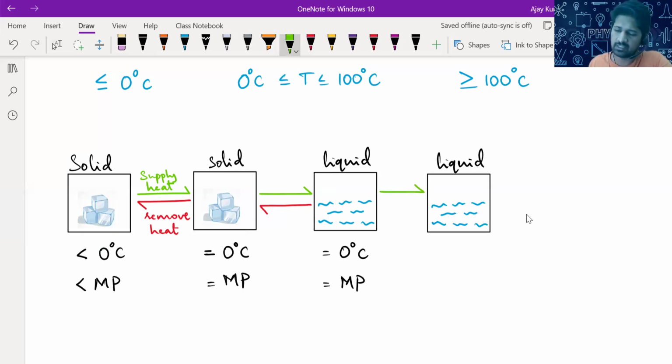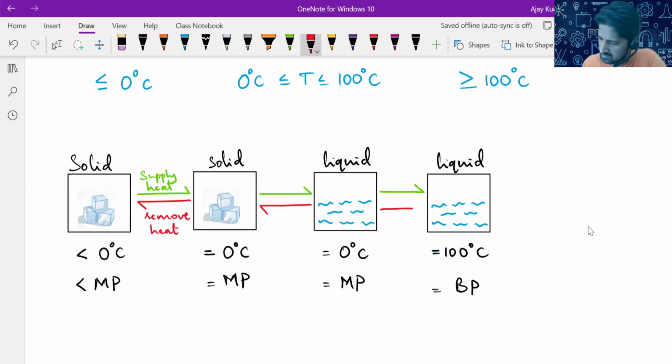There is a limit up to which it can exist in liquid state. In the case of water, it can go up to 100 degrees C, which is the boiling point. There, no change of state happens. So once the solid has completely converted to liquid, the liquid's temperature starts rising. That is how we assume as far as your syllabus is concerned.